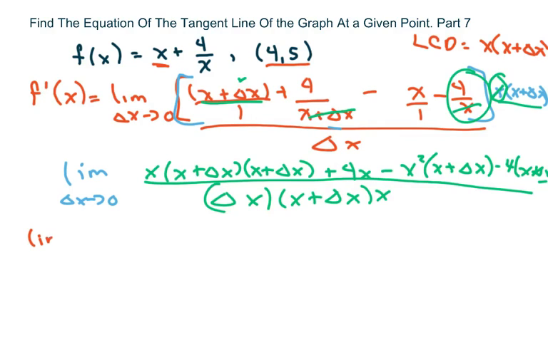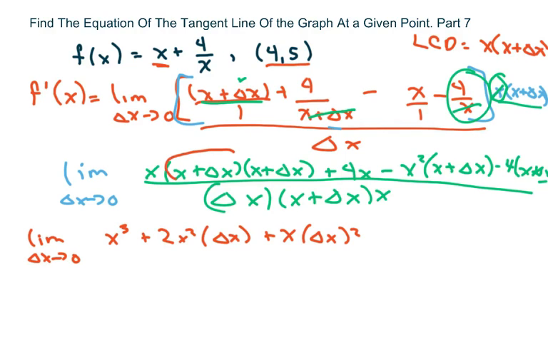All right, now let's clean up the numerator, and we're going to get the limit. I'm going to scoot over a little bit. You're going to get x cubed plus 2x squared times delta x plus x times delta x squared. I'm foiling this out. All right.